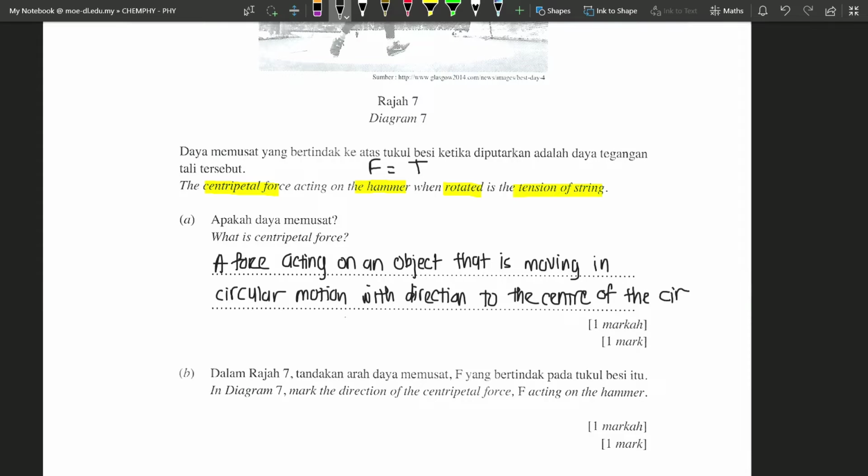So daya memusat ni apa? Daya memusat ni adalah daya yang dikenakan ke atas objek yang bergerak dalam keadaan membulat dengan arah ke tengah-tengah bulatan tersebut. Itulah maksud daya memusat, centripetal force.